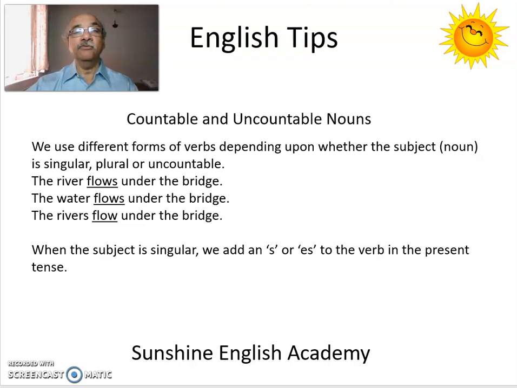The form of the verb has changed because now the subject or the noun is plural. So when the subject is singular, we add an s or es to the verb, but this is only in the present tense.